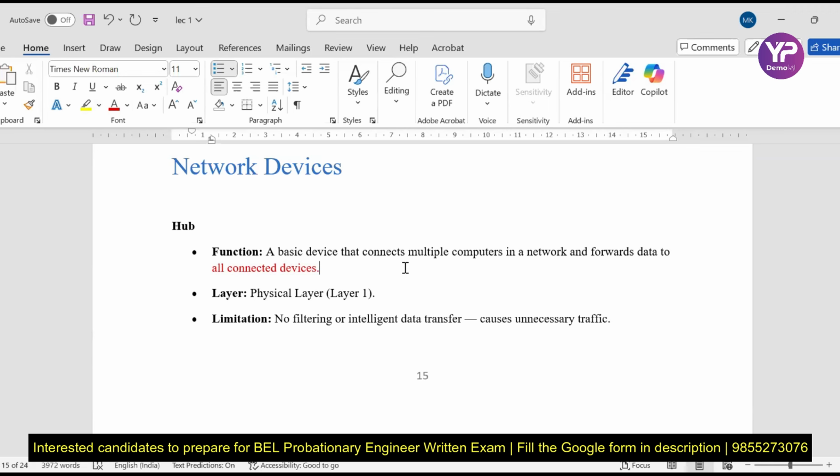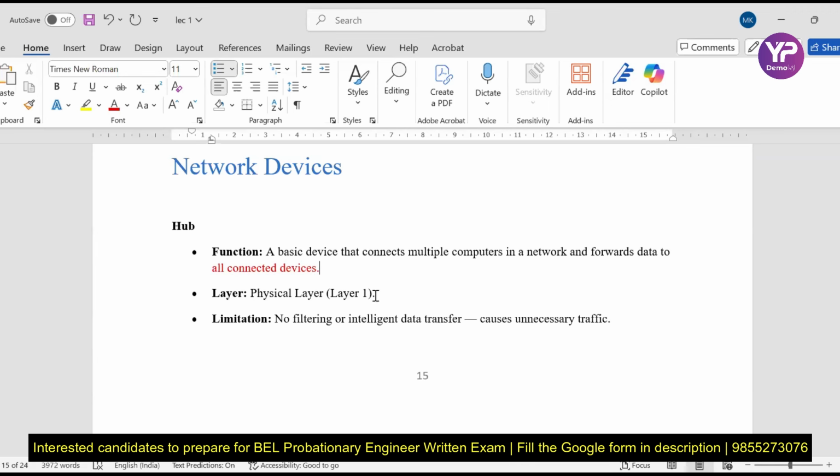Once the sender sends the data, that data reaches the hub, and the hub blindly forwards it to all the remaining nodes. That is called hub. It means hub is not an intelligent device. It does not see the destination address and just blindly forwards that packet in all directions. That is the main point.